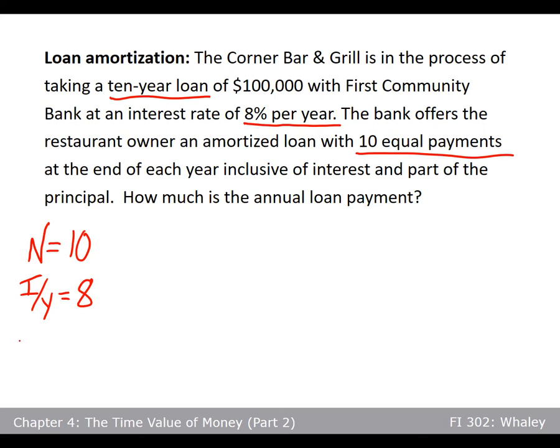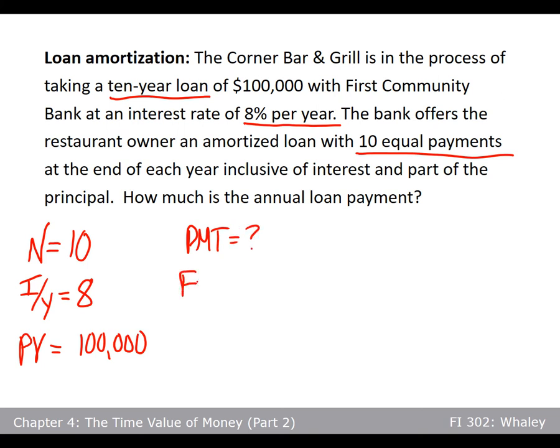Now, the present value of this annuity. How much is the Corner Bar and Grill receiving right now? Well, they're receiving $100,000 right now. And that's a positive number in terms of plugging into your calculator because that is a cash flow to Corner Bar and Grill. The payment is actually what we're trying to figure out, so we're going to have to compute that.